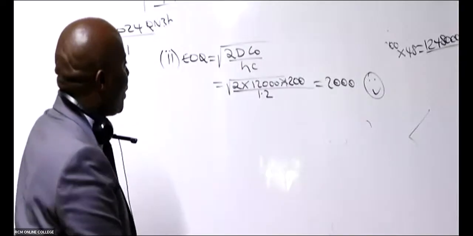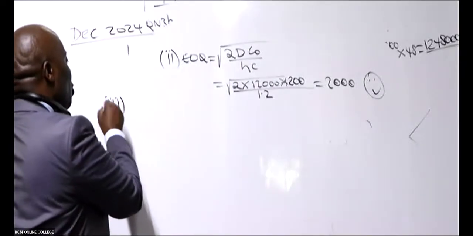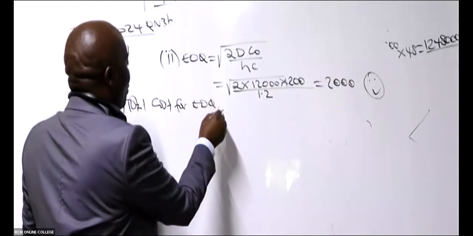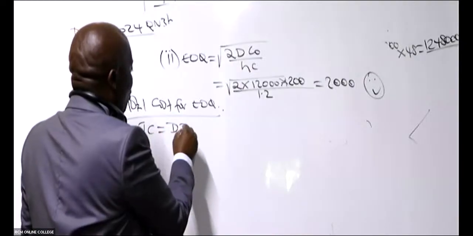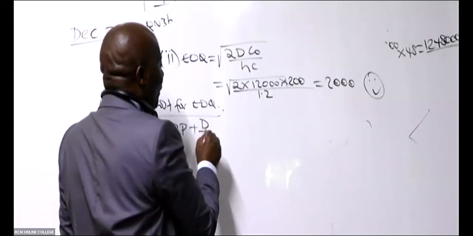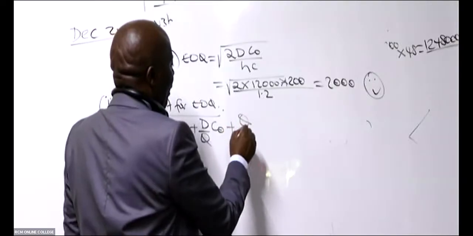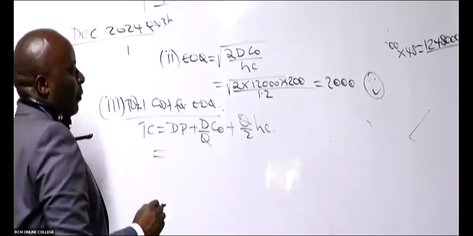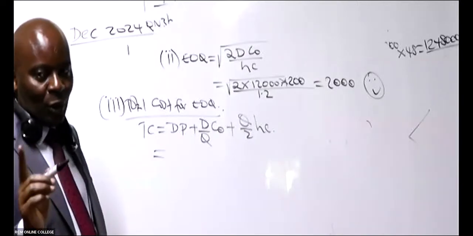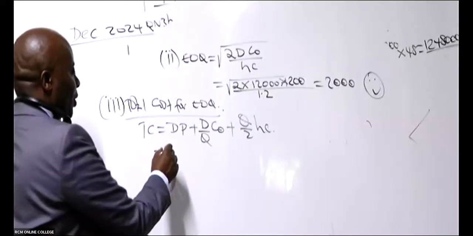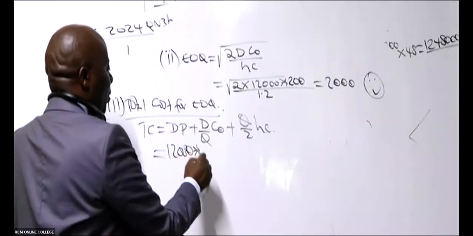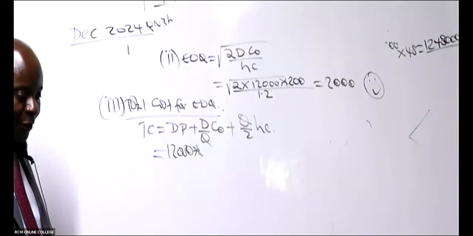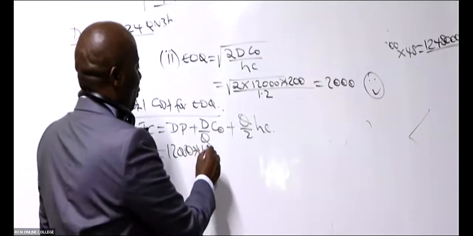So go ahead and give us the total cost for EOQ. This TC will be equal to DP plus D over Q times Co plus Q over 2 times Hc. The annual demand is 12,000. The price per unit, you guys had given me 15 per unit.